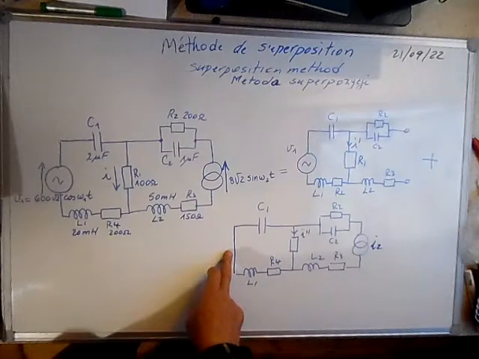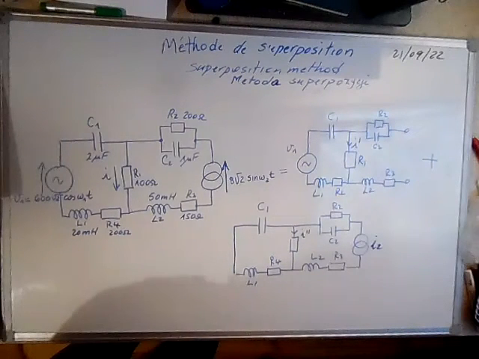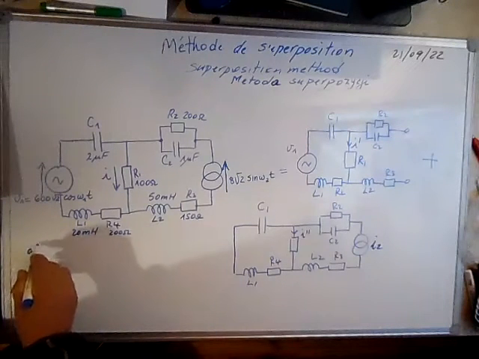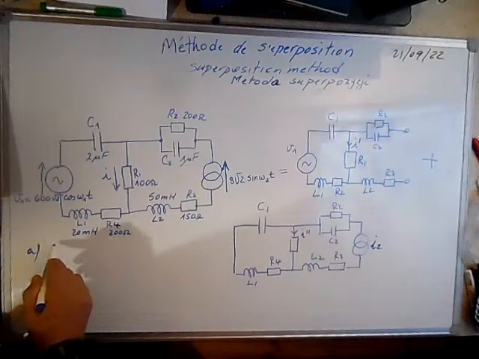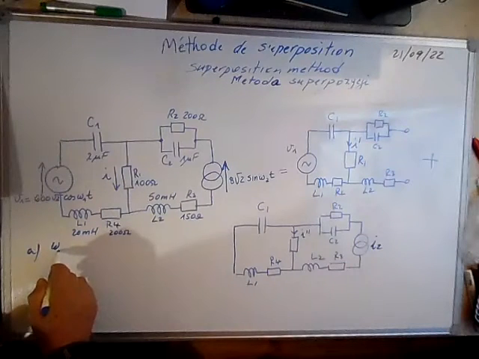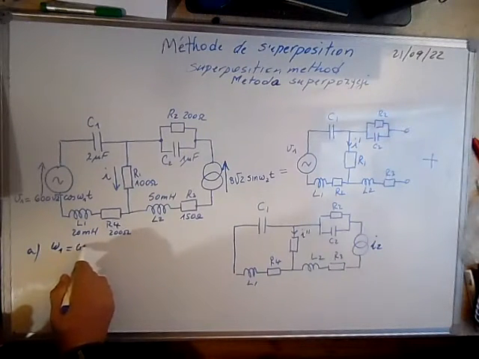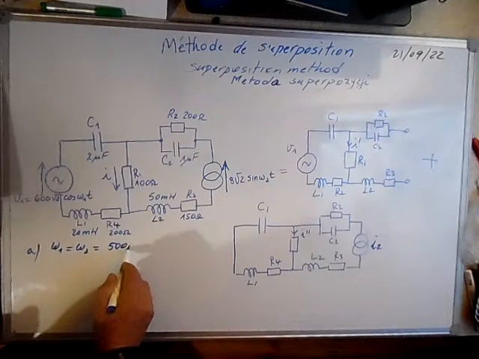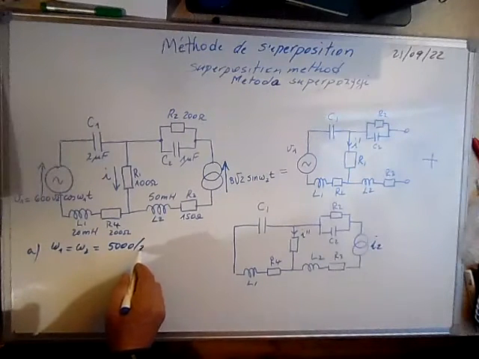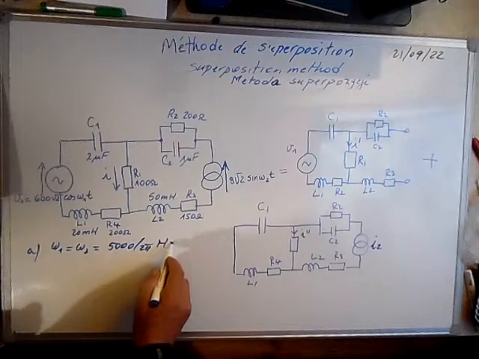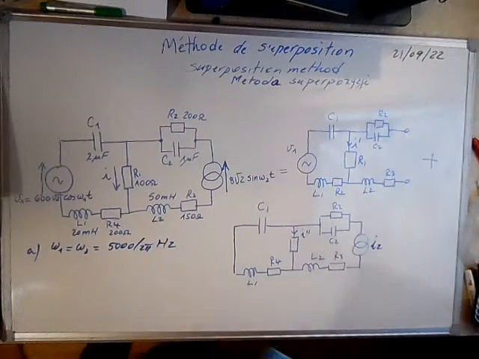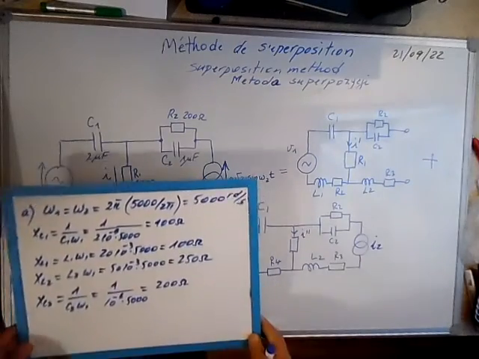Now what we have to do first is to calculate, because in A the frequency omega 1 is equal to omega 2 and is equal to 5000 over 2 pi hertz, the reactances of this circuit.